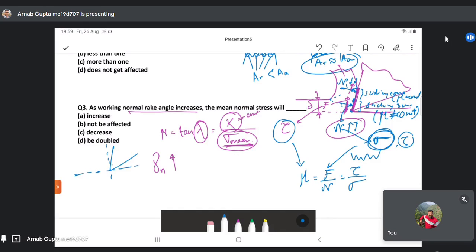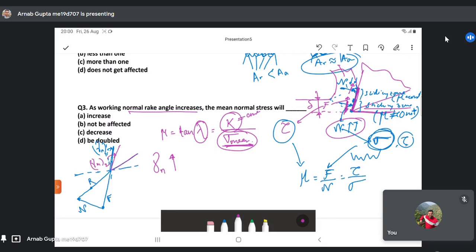See, if you would have drawn your Merchant circle diagram, this is the F, this is N, say this is R. So for the given resultant, if R would have been constant, say now this was gamma n1. Now you have increased it to gamma n2. This is your new tool where you have gamma n2.